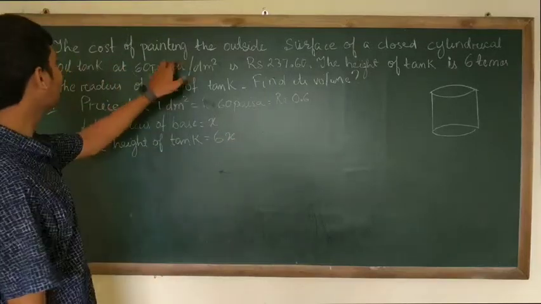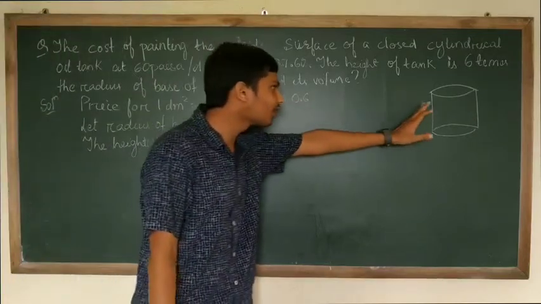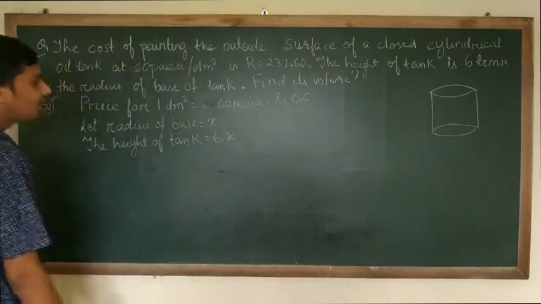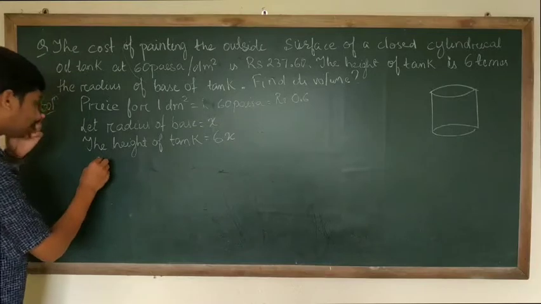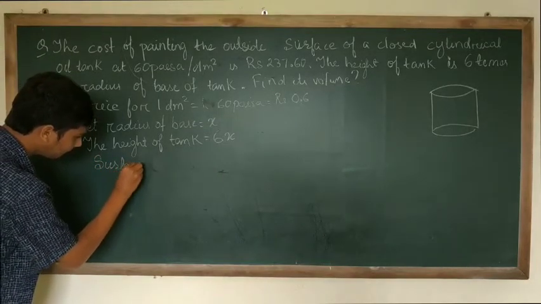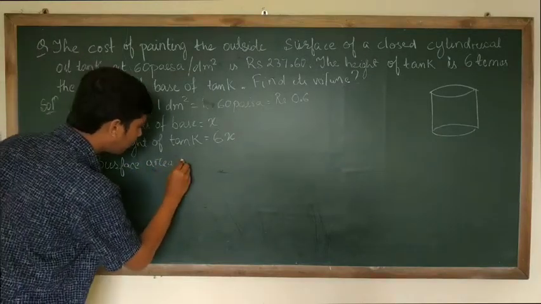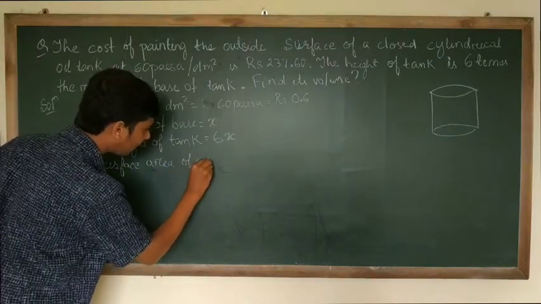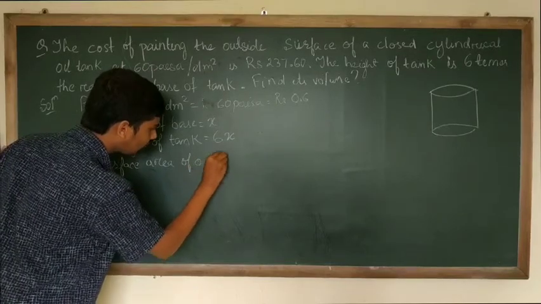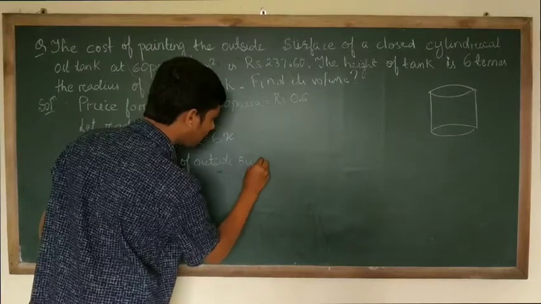And what is given? To paint this outer side surface area, let's find the surface area which we have painted. Surface area of the outside surface is equal to how much?